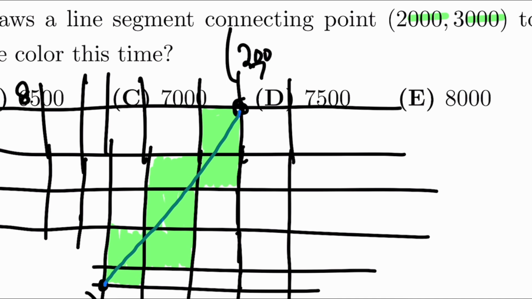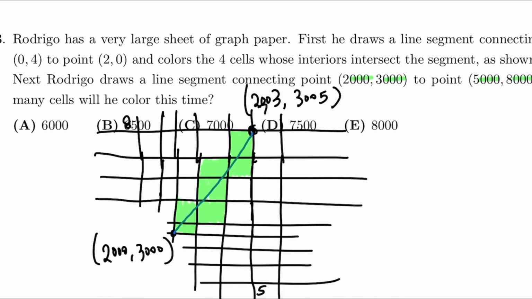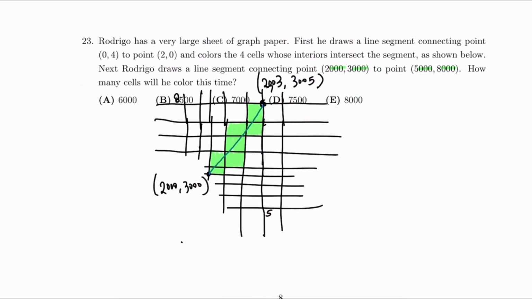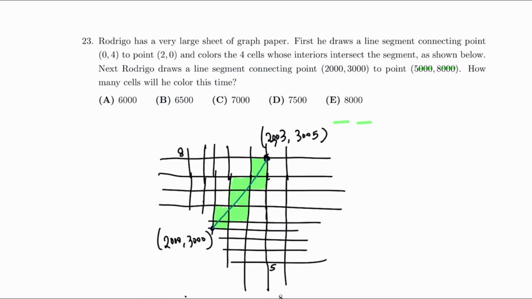Oops, that's not 3003. 2003 and 3005. We just have to repeat this 999 more times for us to get to our final destination of 5,000, 8,000. Therefore, it is basically the same but repeated 999 times.